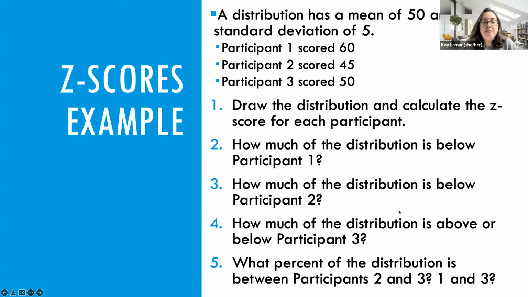Next, think about how much of the distribution is below participant 1, how much of the distribution is below participant 2, and how much of the distribution is above or below participant 3, which I think will become more clear once you calculate that z-score. And then what percent of the distribution is between participants 2 and 3, or participants 1 and 3. Okay, again, here's the formula, and this is what I want you to get some practice on.